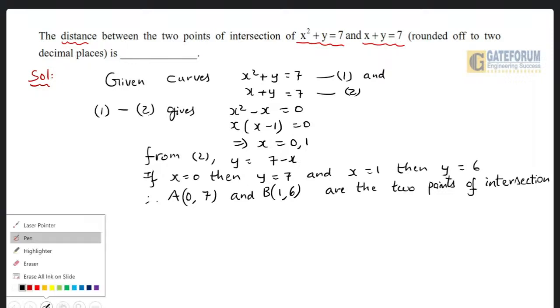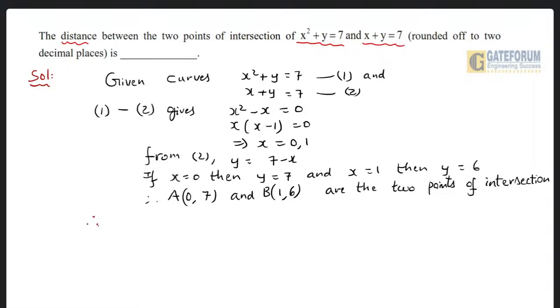So therefore, distance between A and B is AB is equal to square root of x2 minus x1 whole square plus y2 minus y1 whole square. Or you can write x1 minus x2 whole square plus y1 minus y2 whole square.